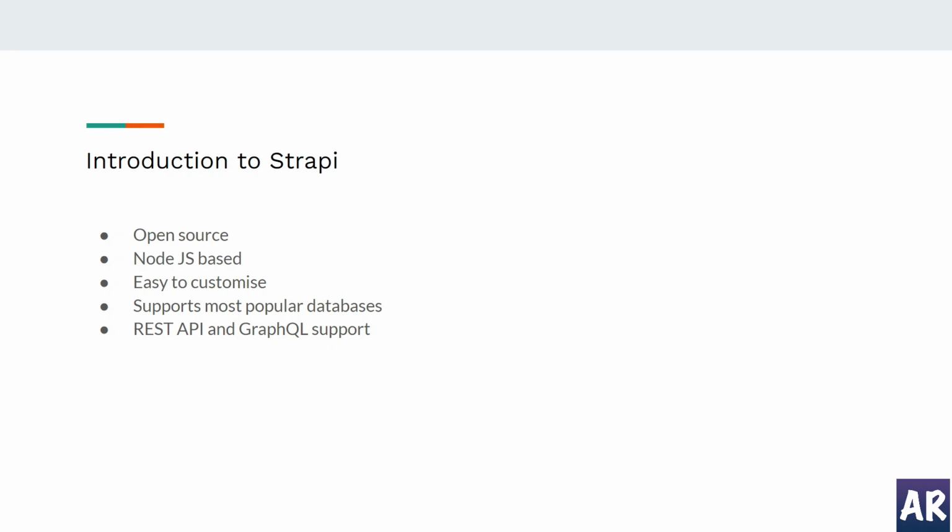And then obviously a good thing is, as we talked about, Strapi supports REST API and GraphQL support. So you can have your application designed in a way that they can either rely on REST APIs or they can use GraphQL to query from the application itself.